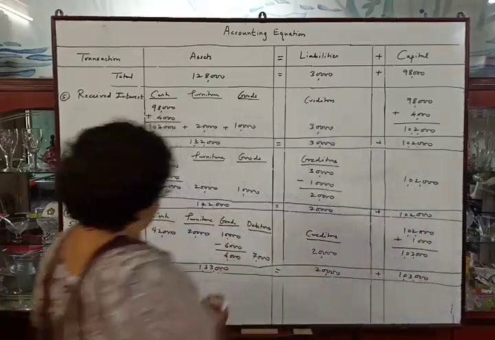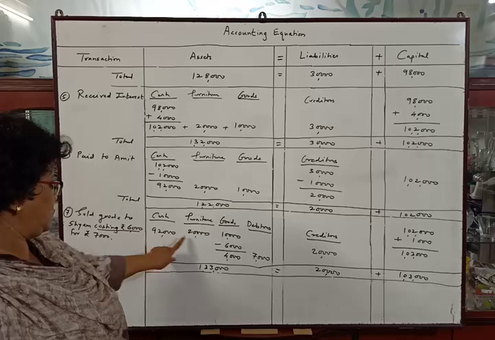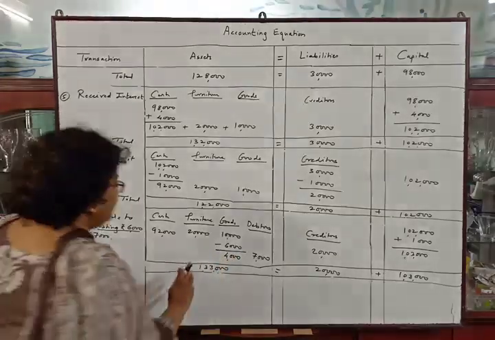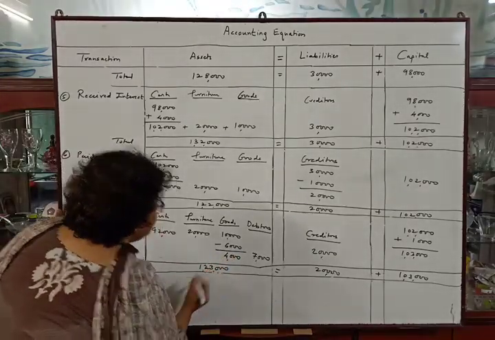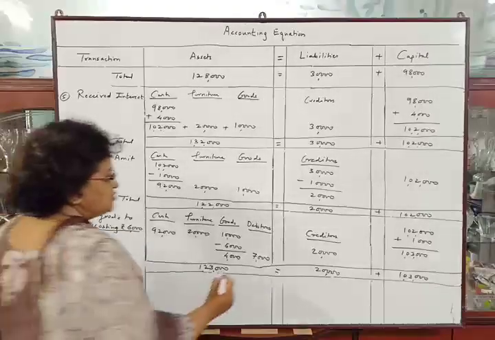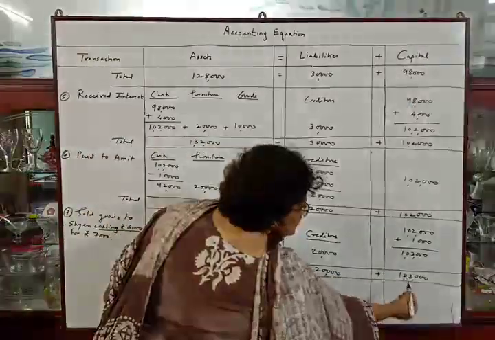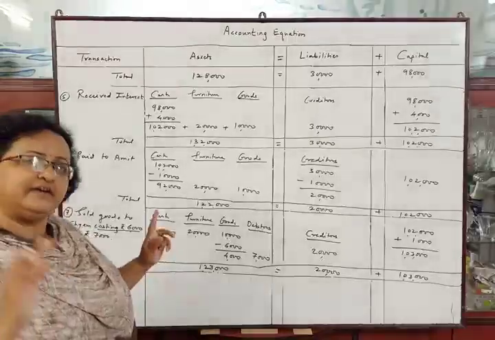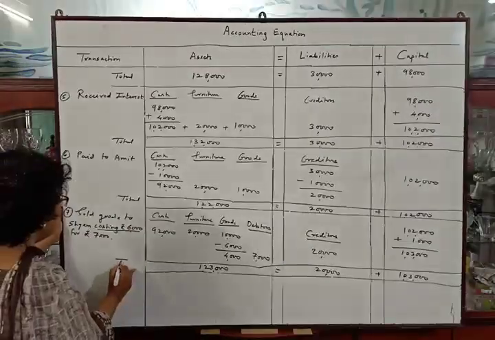So the total will be 1,23,000. Here the total is 1,23,000 is equal to 20,000 plus 1,03,000 means 1,23,000. Okay. So this is the total.